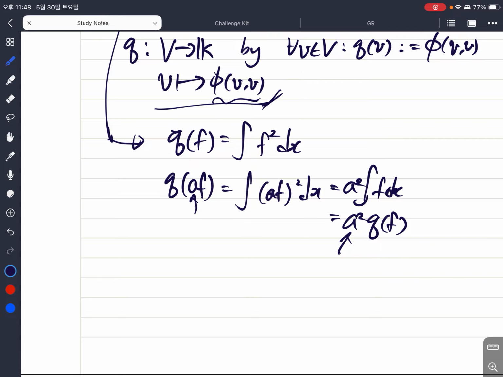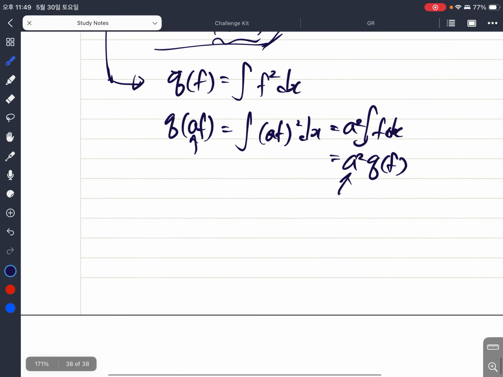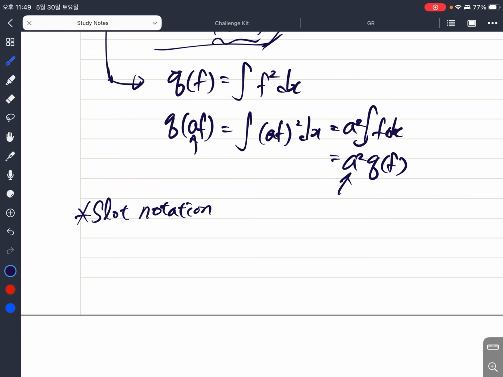And now I define some slot notation. It looks like a form, but unfortunately it was not a linear one form.